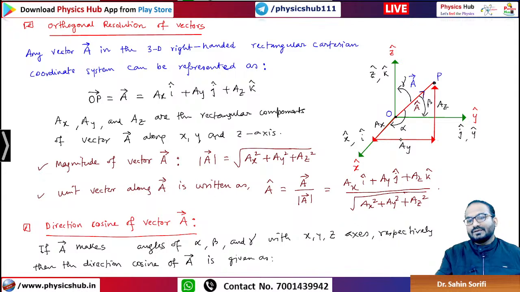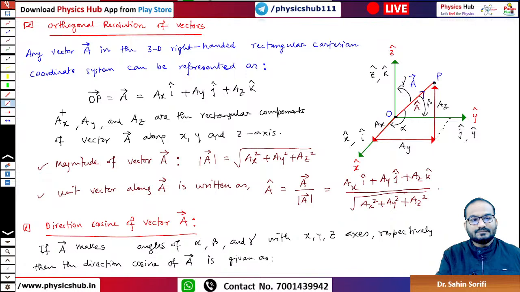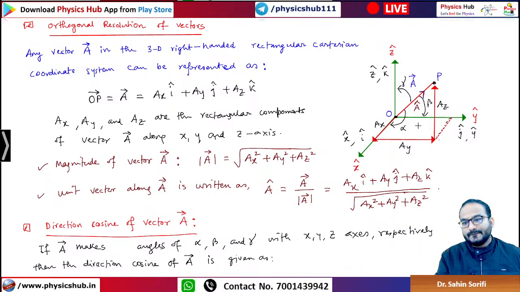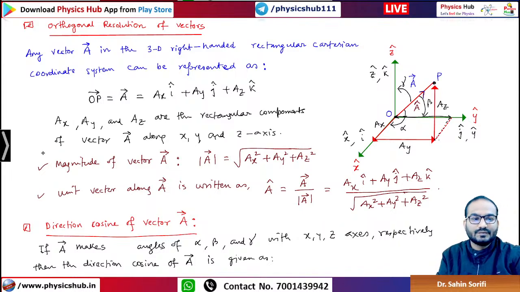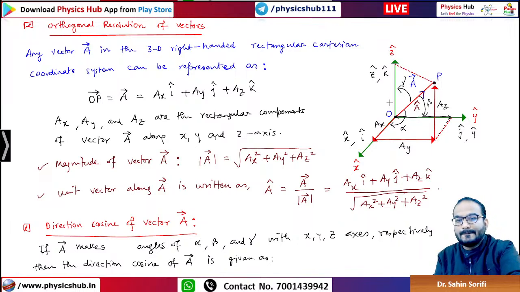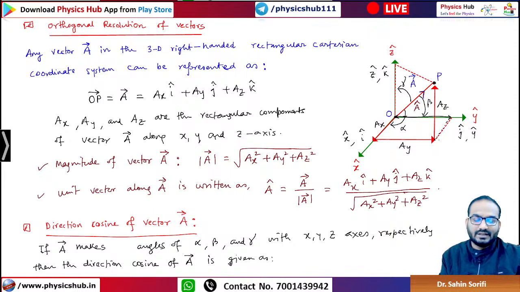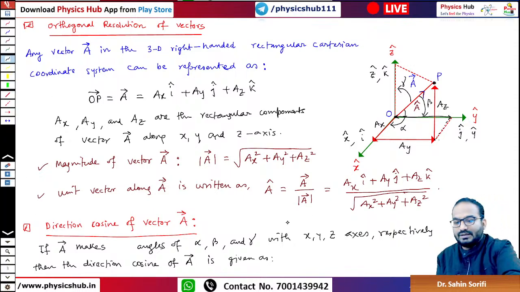Ay is this much portion on this axis, so Ay is A cos beta, and on the other hand Az is this much portion, so this much is your Az.